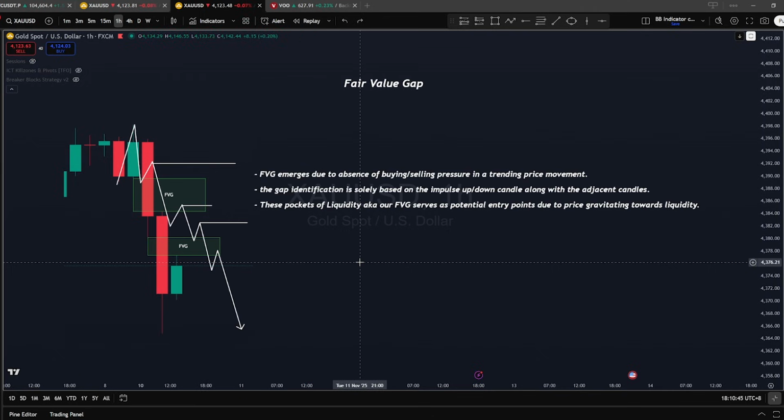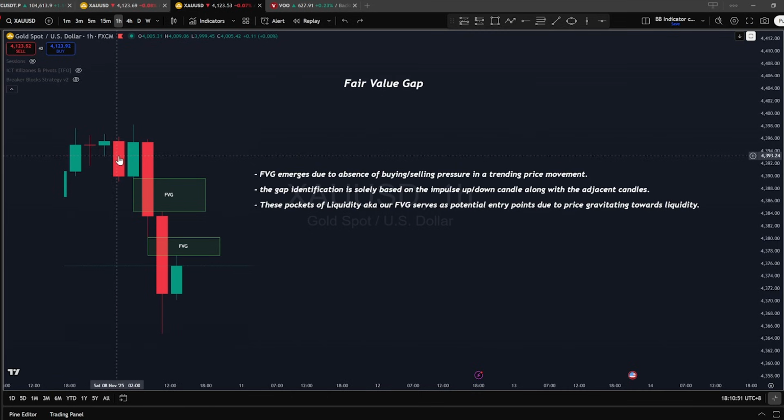Just like the drawing I've shown you earlier on. And the gap identification, your gap is only between the impulse candle and the adjacent candles. Which is why it is a 3 candlestick pattern, not a 2 candlestick pattern or a 5 candlestick pattern. Just the adjacent candles, the ones side by side. And these are going to be your pockets of liquidity which the market can use to tap and give us a continuation move lower.